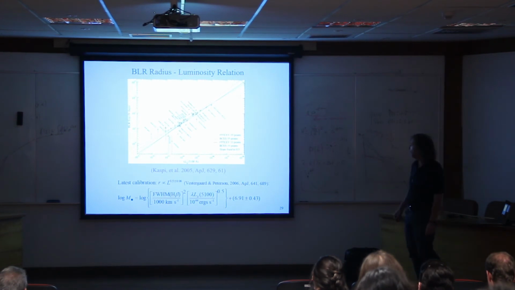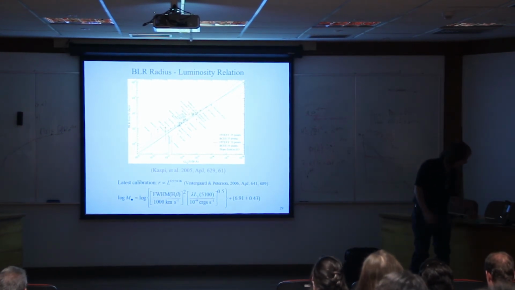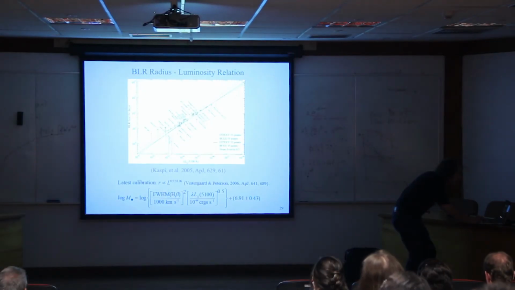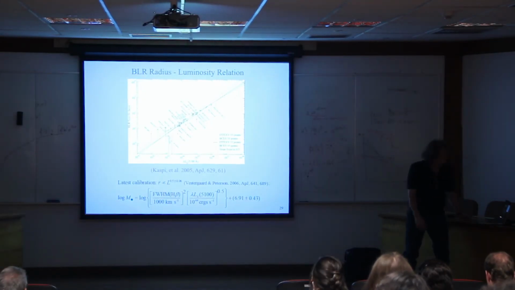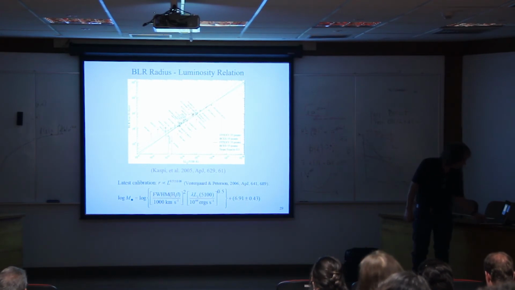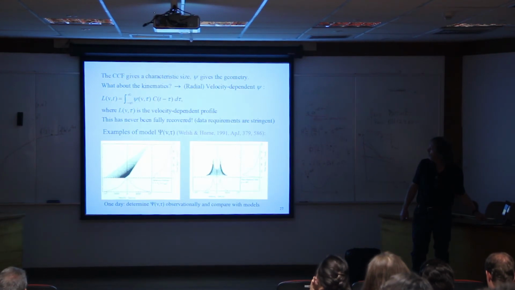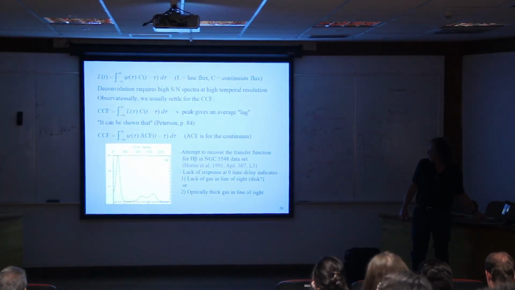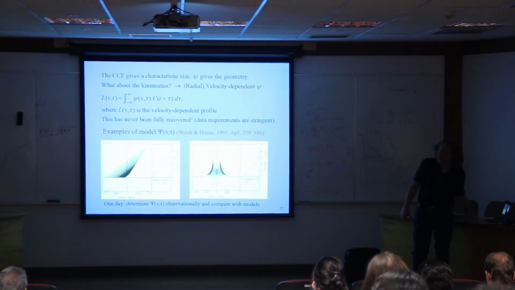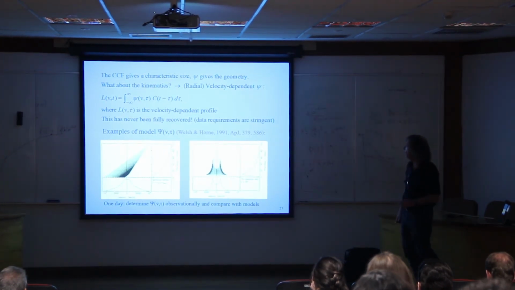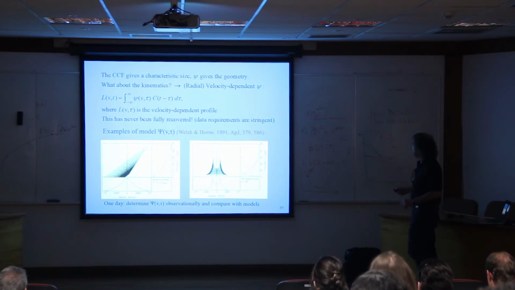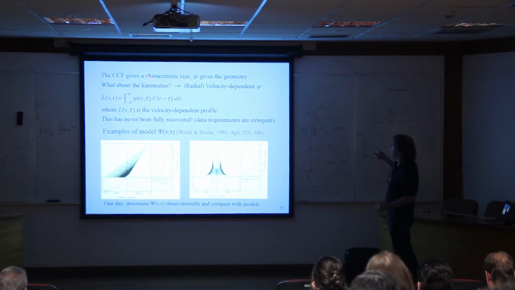But when you finally have got all things together, all right, so the cross-correlation function gives you a characteristic size.